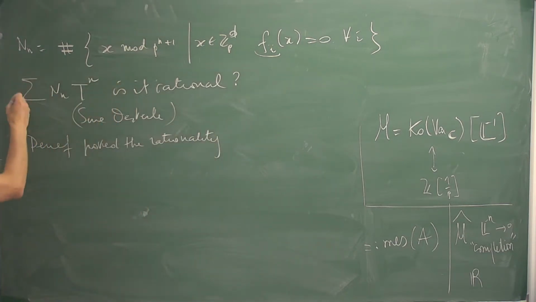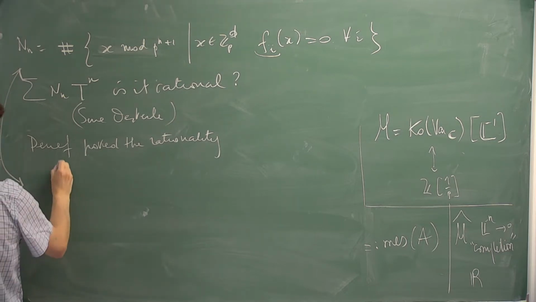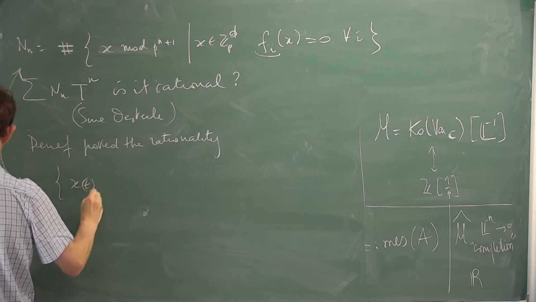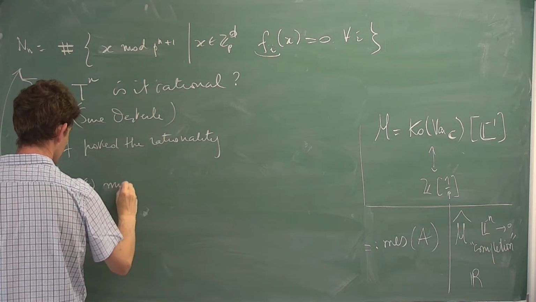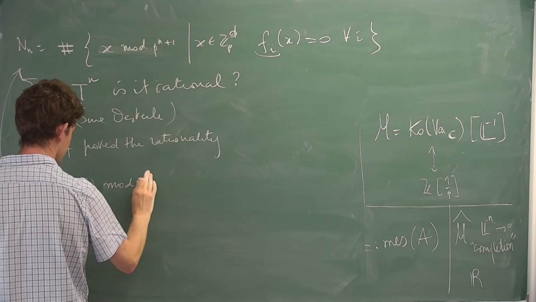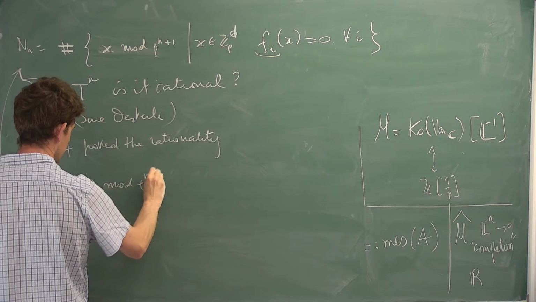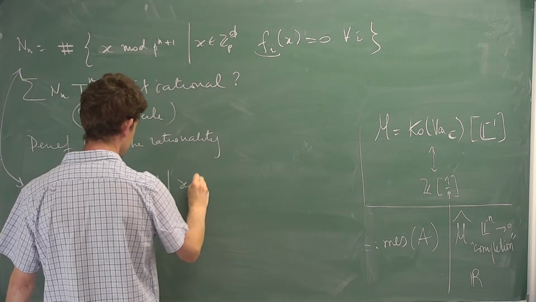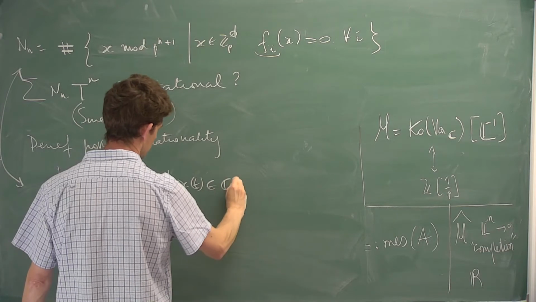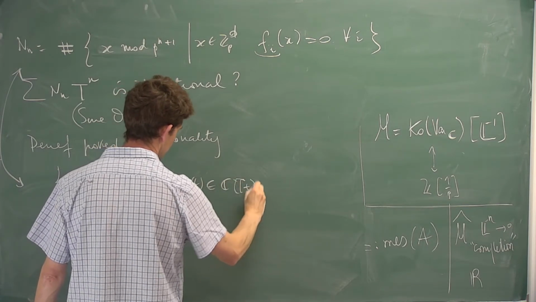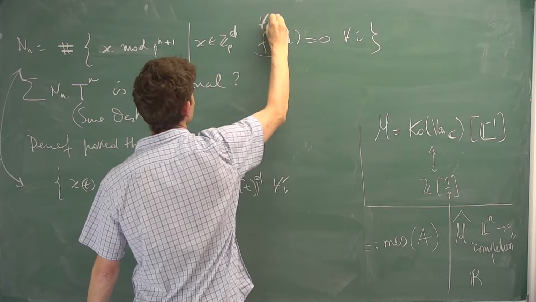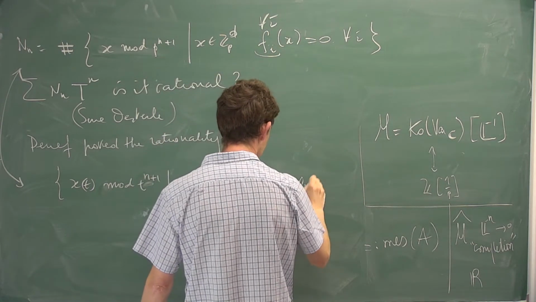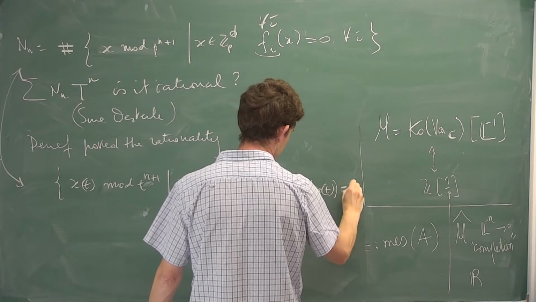And if you look at the motivic analog, then you will consider the set of arcs modulo T^(n+1), such that x(t) is an arc, and as well for any i, f_i of x(t) is equal to 0.